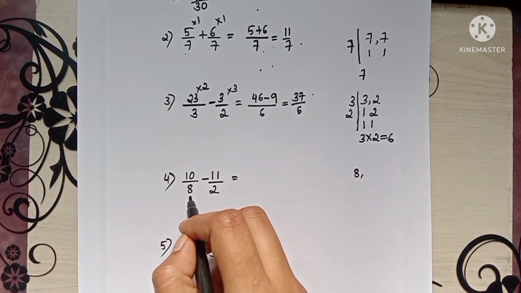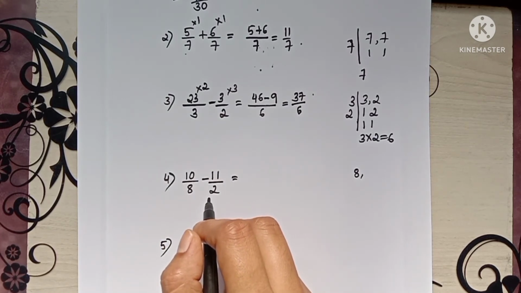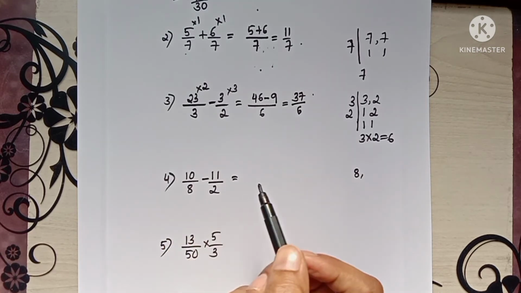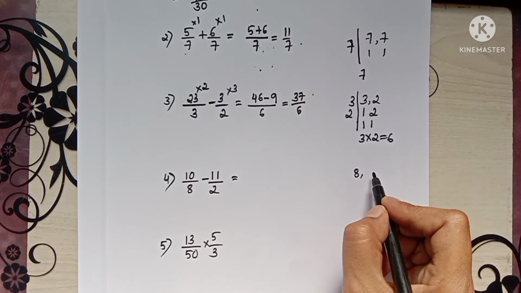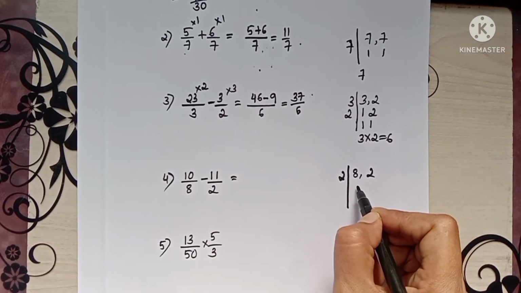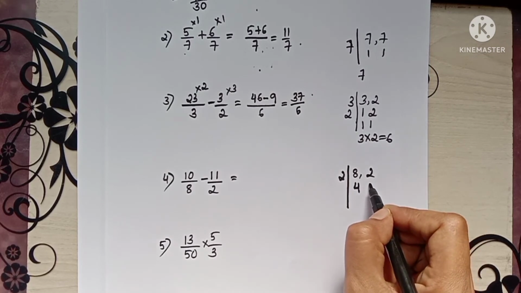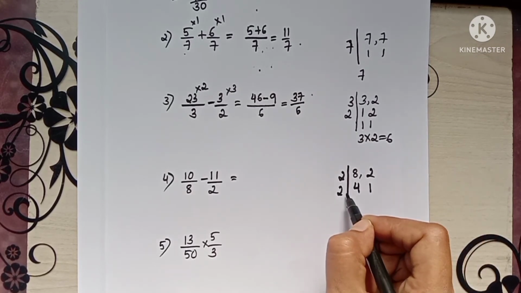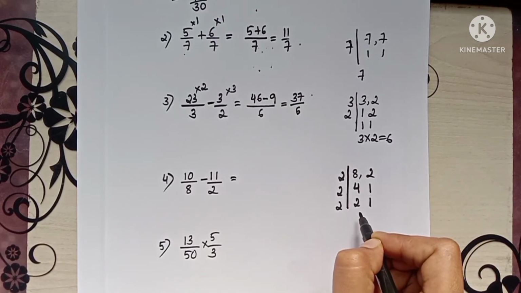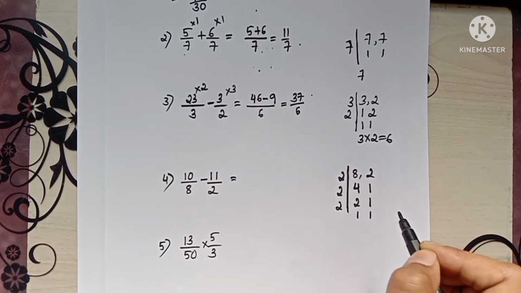10 divided by 8 minus 11 divided by 2. What we have to do? We have to take the LCM of denominator, that is 8, 2. What is the LCM? 2 4s are 8, 2 1s are 2. 2 2s are 4, 1 as it is. 2 1s are 1 as it is.